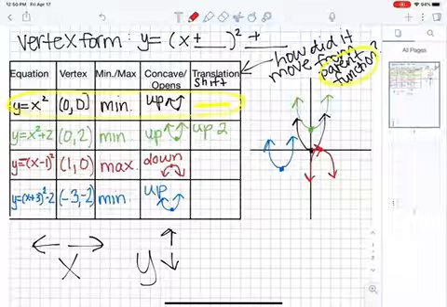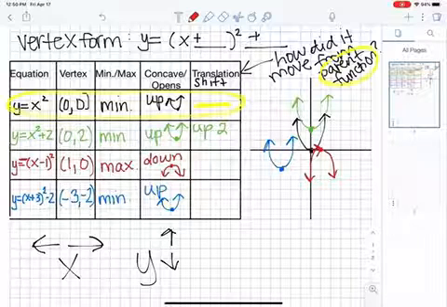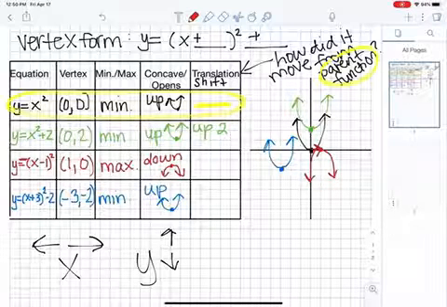And then because the y value is 0, I'm not shifting up or down at all. So that's why the vertex only just moved 1 to the right. And then I also have a negative out front. So that means that my parabola is now going to be concave down instead of concave up. That's the reason why this is facing a different way.